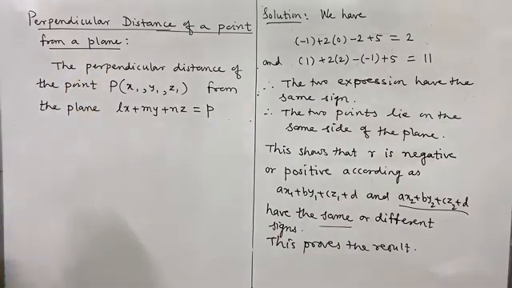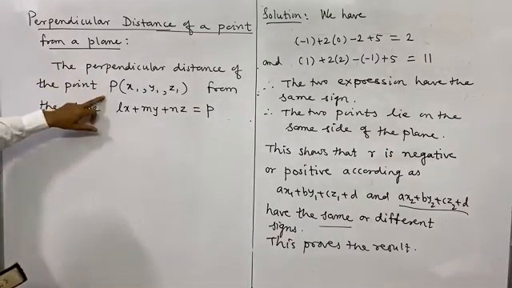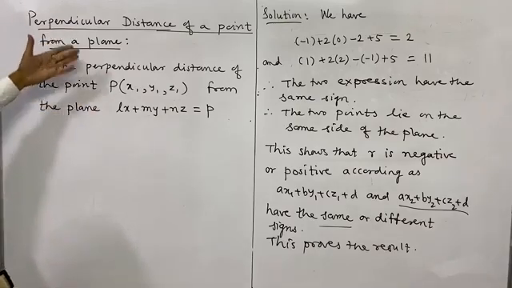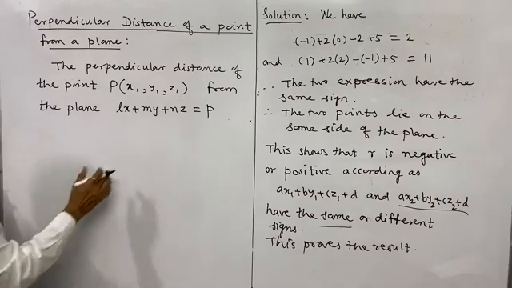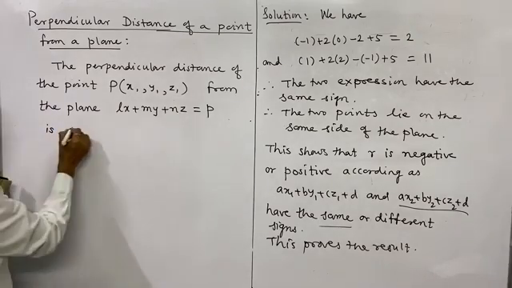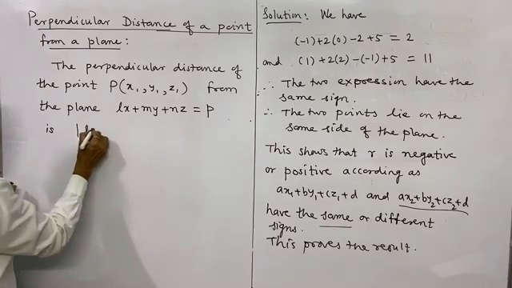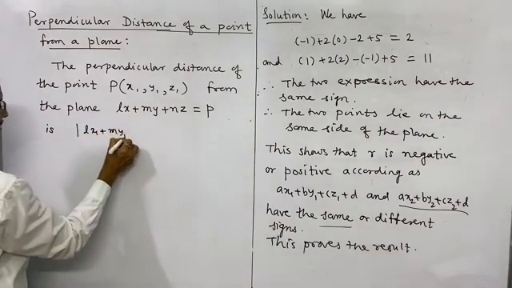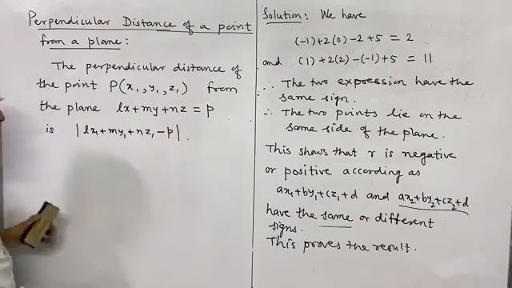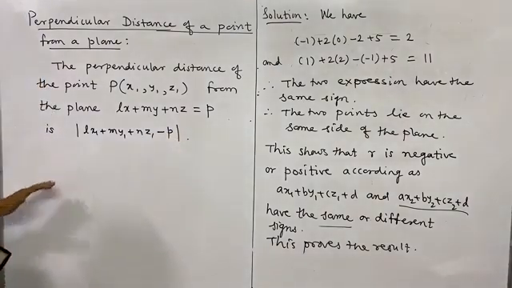This is the perpendicular distance of this point from this plane. So the result is that the distance from the plane is the absolute value of L x1 plus m y1 plus n z1 minus p. This is the perpendicular distance that we want to show.